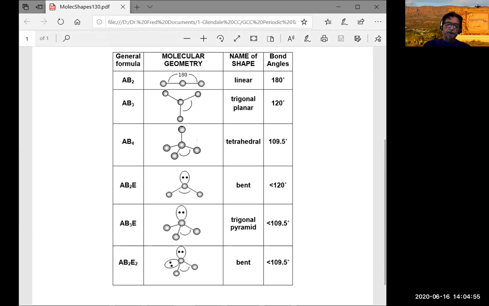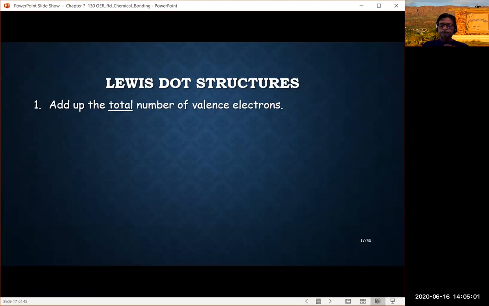So let's go back to the slide where we go through the procedure and how to figure that out. Okay, you'll be given a formula and you'll be told which atom is the central element. That means that's the guy in the middle, whatever it is, and then everything else is attached relative to the central atom.